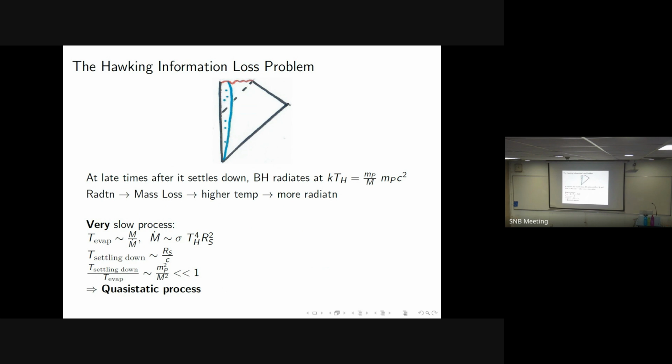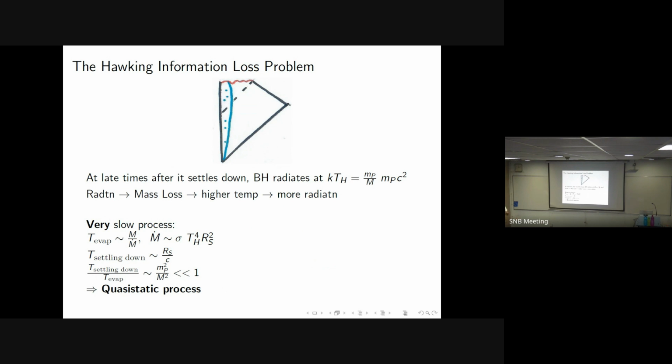Now, if you take the ratio of the two time scales, the settling down and the evaporation time scale, you get something which is the Planck mass squared divided by the mass squared, which is of course very, very small. So that means the black hole radiates and it settles down extremely fast.